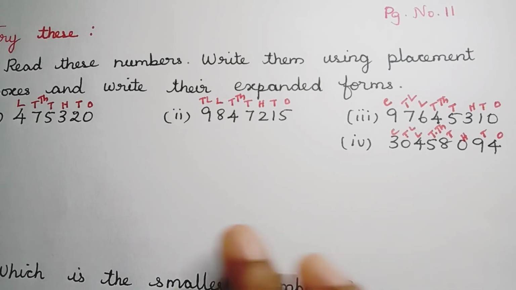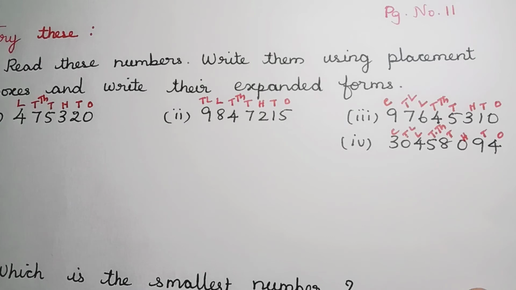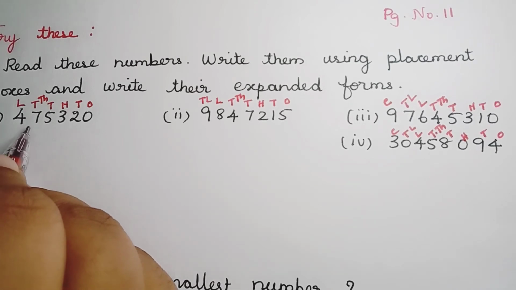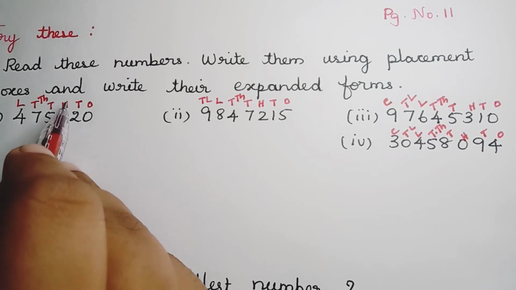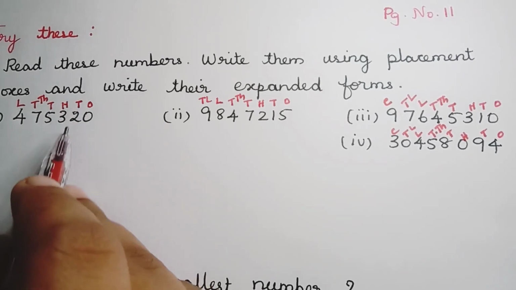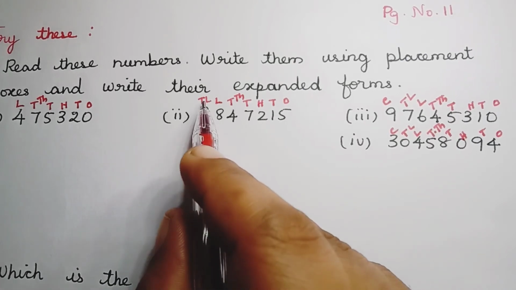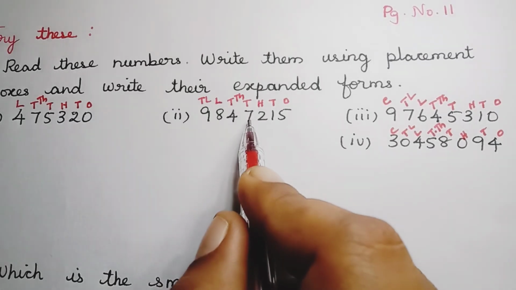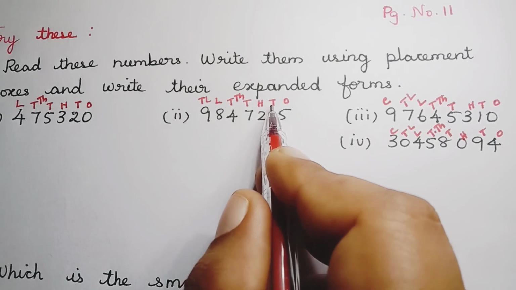You are asked to write the expanded forms also. So how will you write in expanded form? 4 into 1 lakh plus 7 into 10,000 plus 5 into 1000 plus 3 into 100 plus 2 into 10. Same here, how will you write it in expanded form? 9 into 10 lakhs plus 8 into lakhs plus 4 into 10,000 plus 7 into 1000 plus 2 into 100 plus 1 into 10.